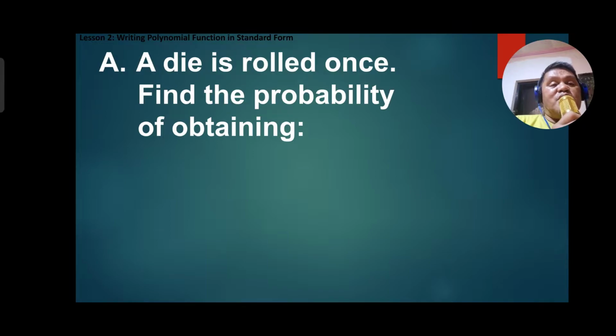A die is rolled once. Find the probability of obtaining, again for number 1, a 3.